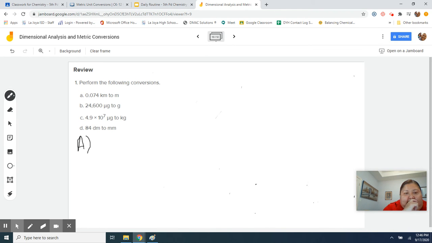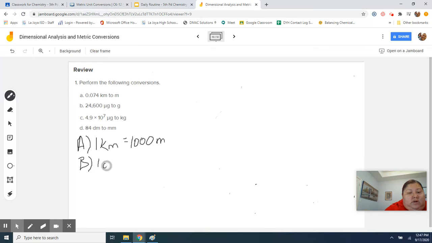So for letter A, the conversion that you're going to be needing is that 1 kilometer is equal to 1,000 meters. That's for letter A. For letter B, they want you to change micrograms to grams.